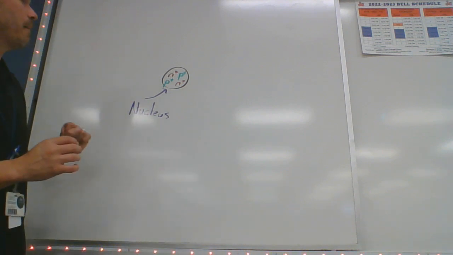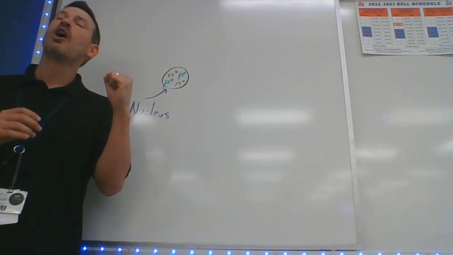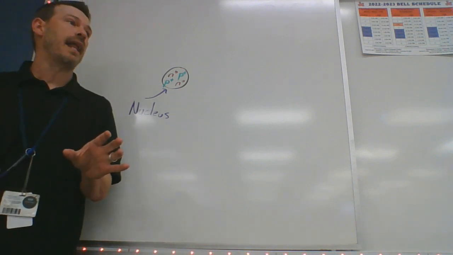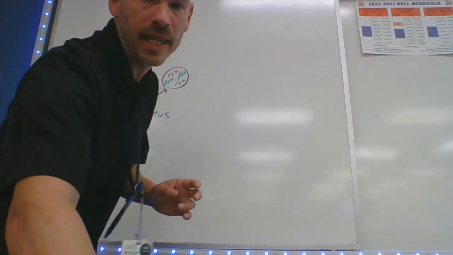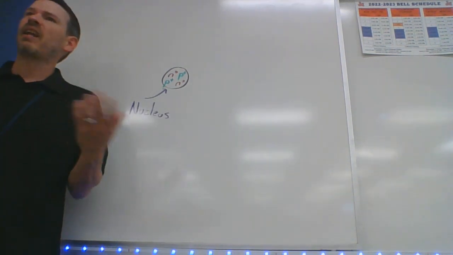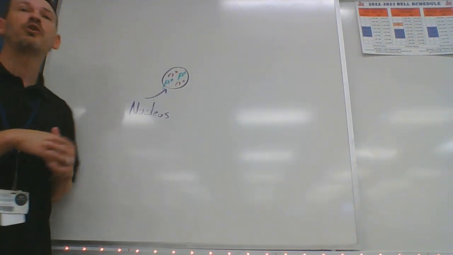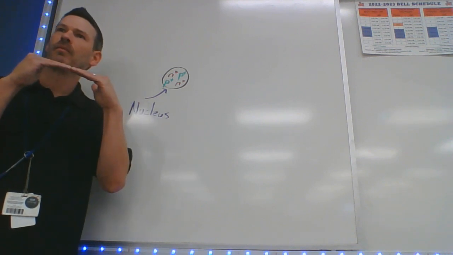Now, it's also important to know that these protons and neutrons that are in the nucleus are the only particles in an atom that have mass. If you look on the mass column there, you'll see that it identifies protons and neutrons. Not only do they have mass, they have about equal masses to each other.